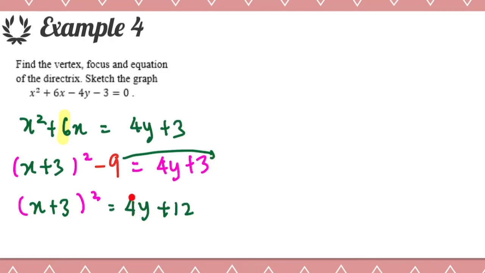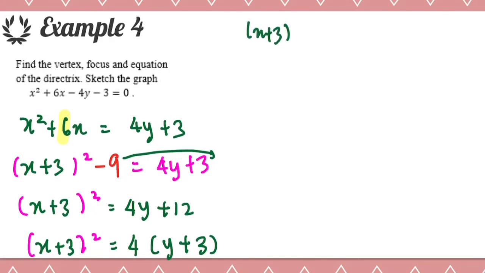In front of this y, the coefficient should be 1, so we need to factorize it. Your equation becomes (x plus 3) squared equal to, so factorize 4. In the bracket, you are left with y plus 3. So now the equation is (x plus 3) squared equal to 4(y plus 3).